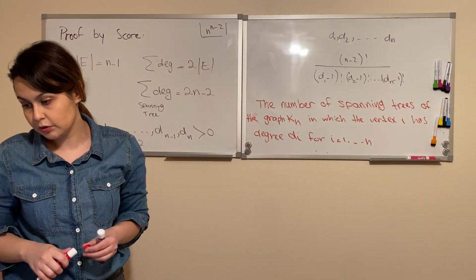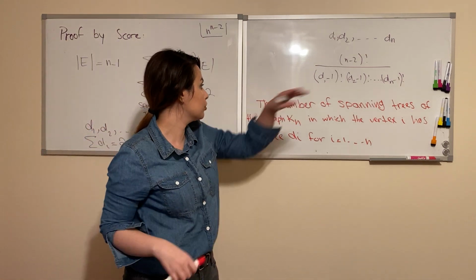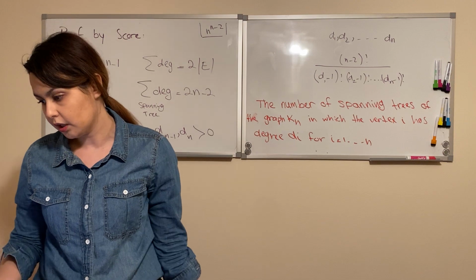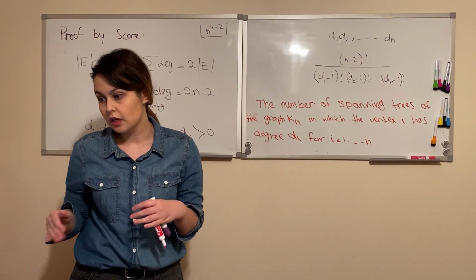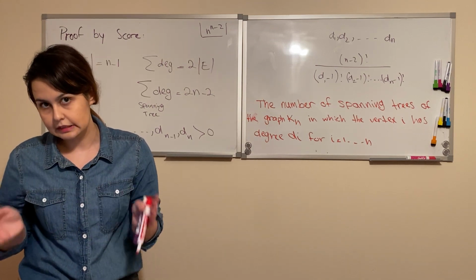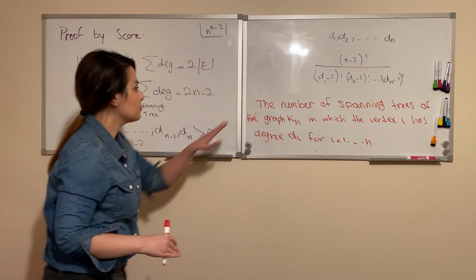It is equal to (n minus 2)! over (d1 minus 1)! all the way to (dn minus 1)! Actually, we know that those n positive integers are creating that degree sequence.